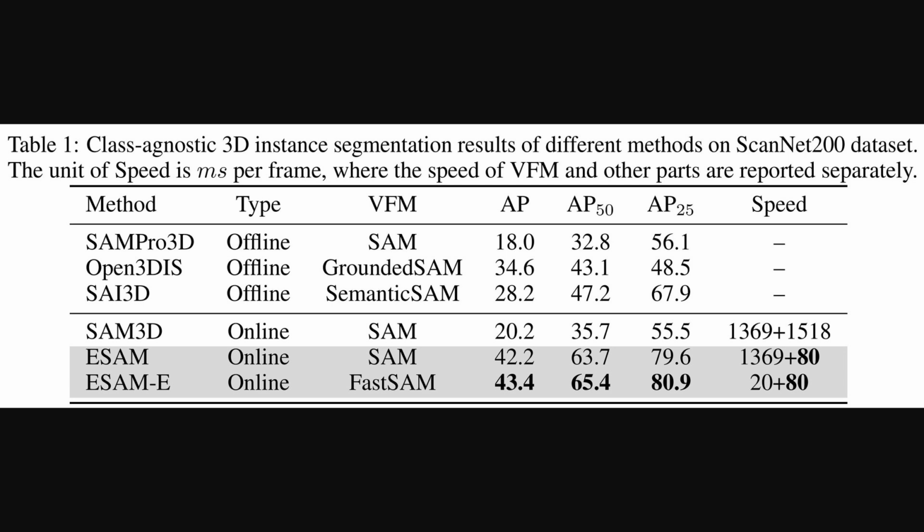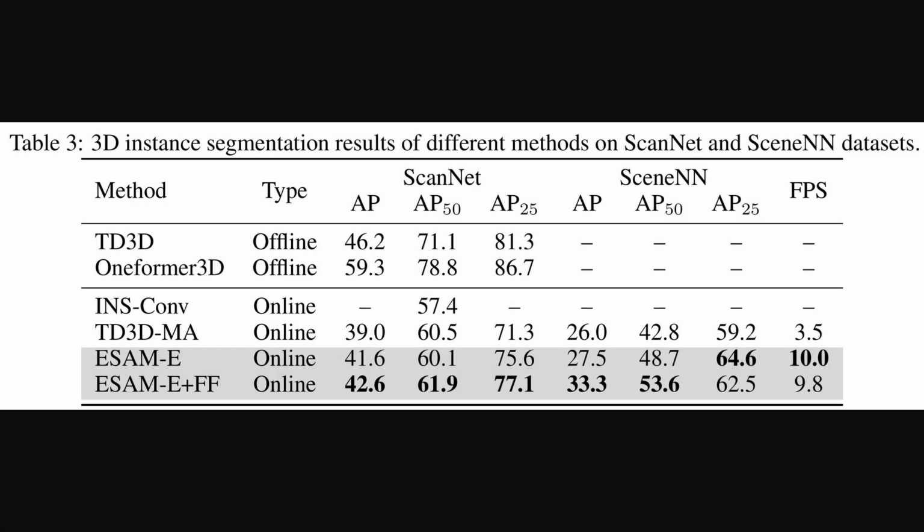Following that detailed performance on ScanNet 200, Table 3 now broadens the view, showing 3D instance segmentation results on both ScanNet and SceneNN datasets. We see the familiar average precision, AP50, and AP25 scores alongside frames per second, or FPS, which measures processing speed.